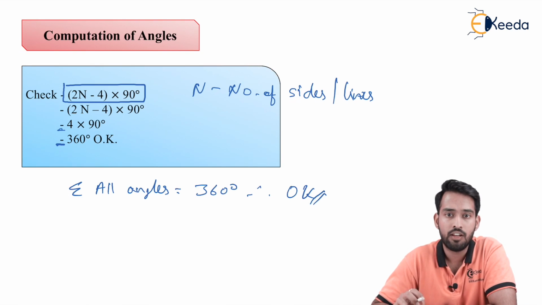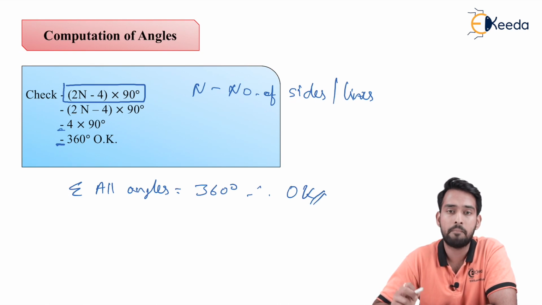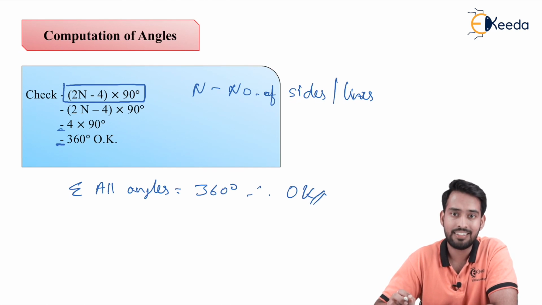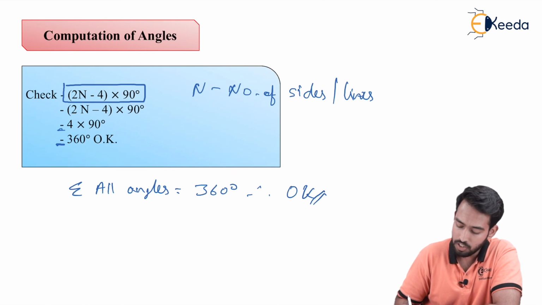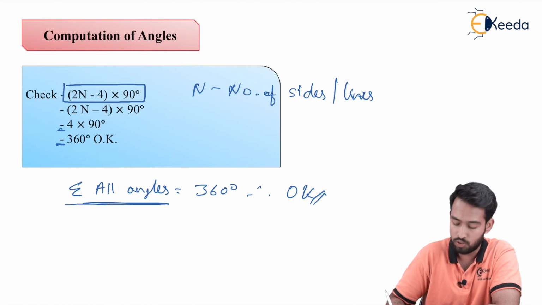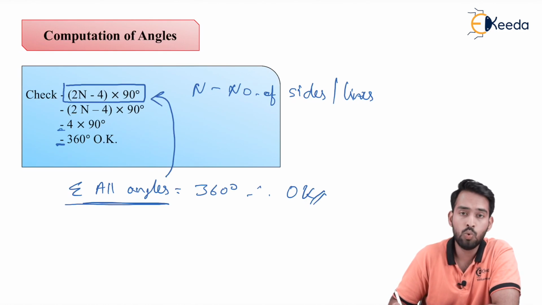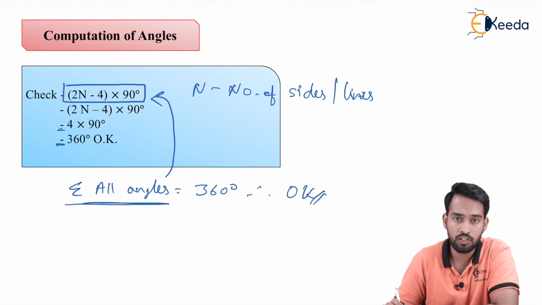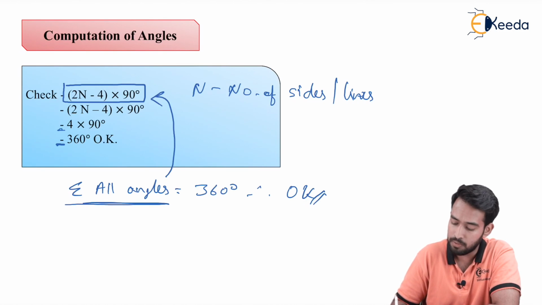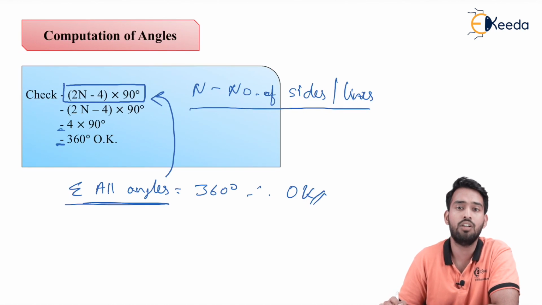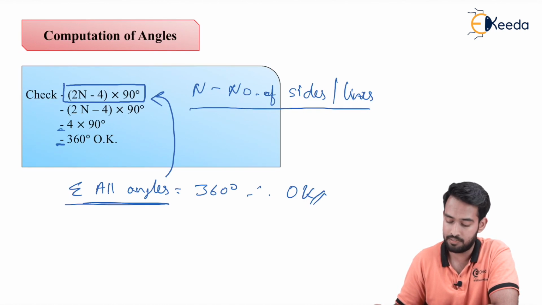And if forebearing is greater than backbearing, then we have to apply the formula 360 degrees minus forebearing plus backbearing. And the check says the summation of all angles should be equal to 2n minus 4 into 90 degrees, and n will be the number of sides or the number of lines.